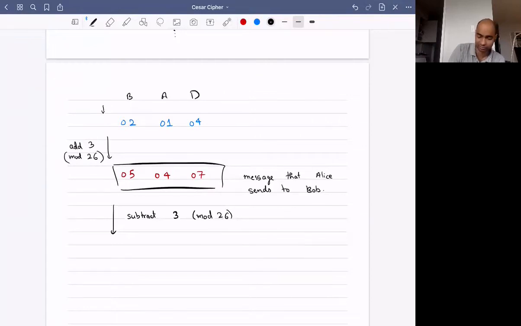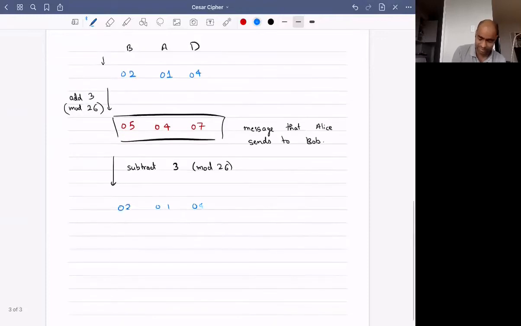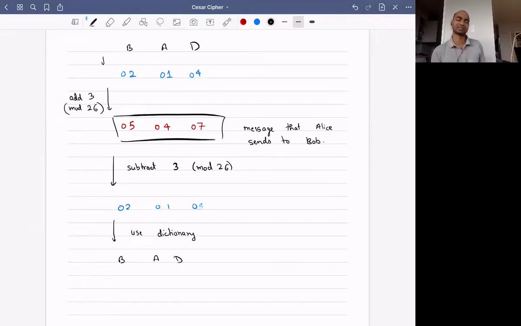And these numbers then will go back to the original numbers 02, 01, 04. And then Bob can convert these into B, A, D using the dictionary that he has. So that's how you communicate using the Caesar cipher. It's a very simple cipher, not practical, but it explains the basic principles of cryptography.